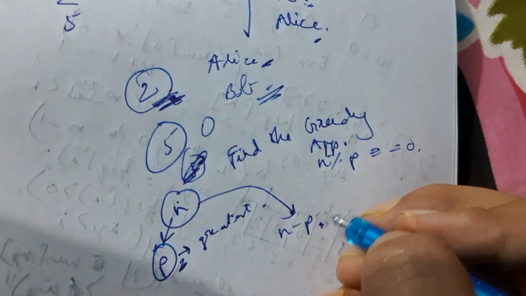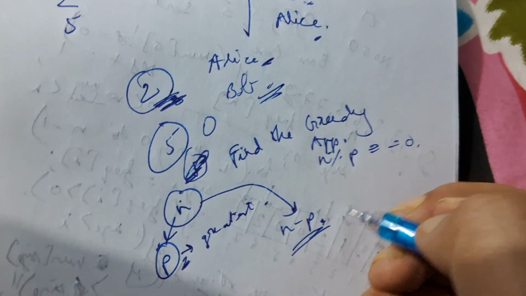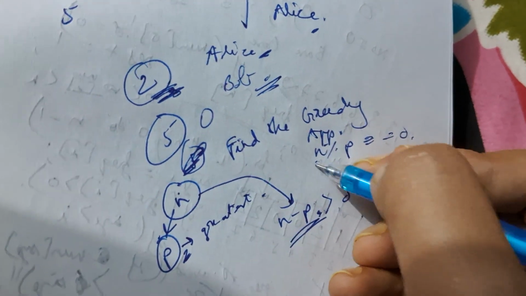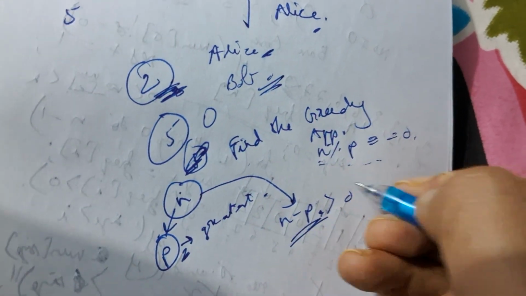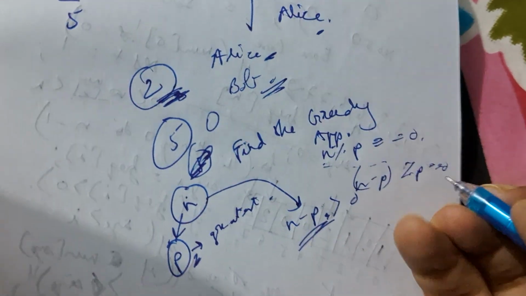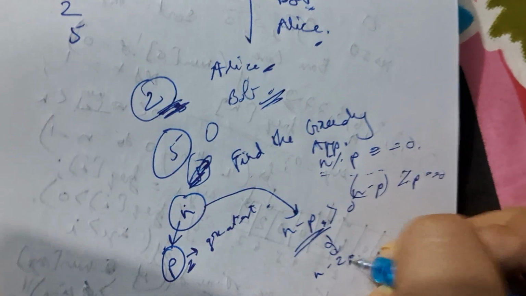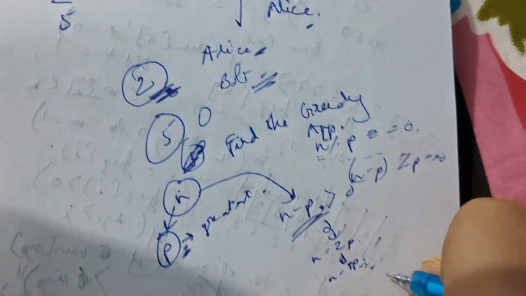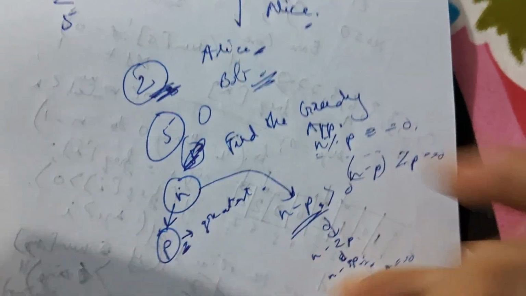If n minus p is a positive number, then the new n, that is n minus p, mod p is also going to be 0. So it becomes n minus 2p, then n minus 3p similarly, and it goes on till n becomes 0. So this is the greedy approach.